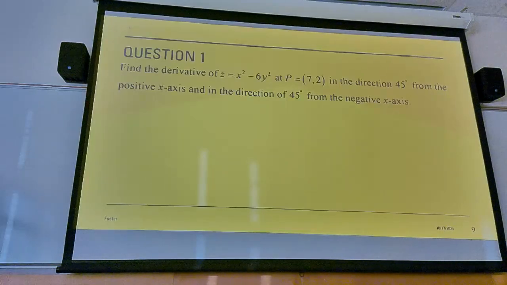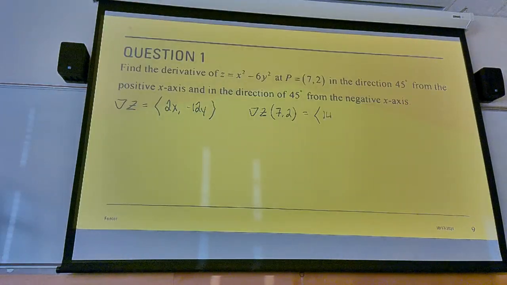First thing, let's find the gradient. So what's the partial with respect to x? What's the partial with respect to y? Evaluate that at the point. -14, -24. Right, or factor out the 2.